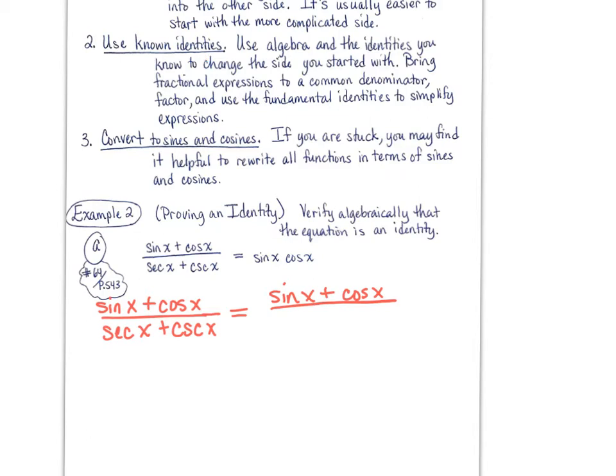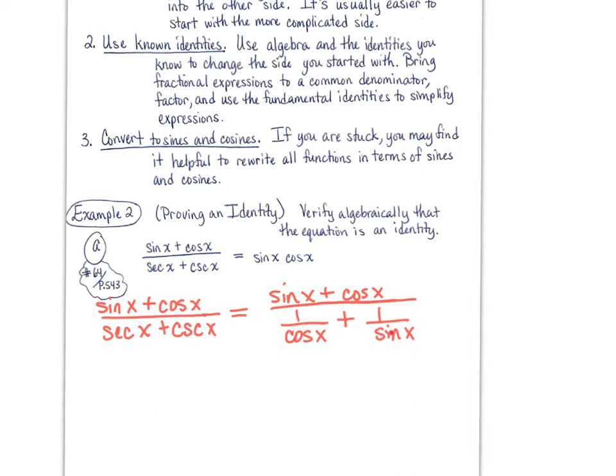What can we use in our denominator? You can convert secant x into 1 over cosine x. Good. So secant of x is 1 over cosine of x, and then cosecant of x, so plus 1 over sine x. Good. Okay, so far so good.